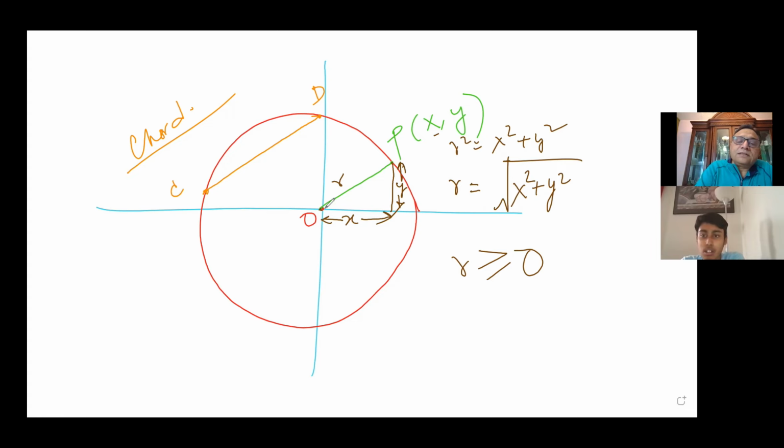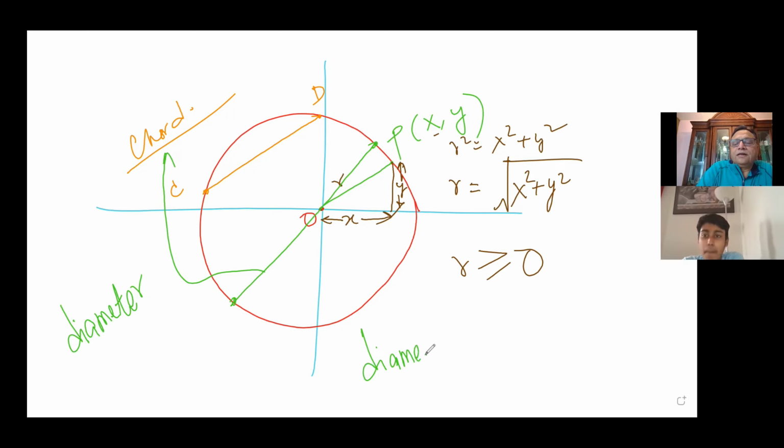Okay, the chord is connecting any 2 points, and if I do connect through the origin, then it is still a chord, but it is given a very specific name, which is diameter. So you can say, if it doesn't touch the middle point, it is considered a chord. Yes, and the diameter is the longest chord.